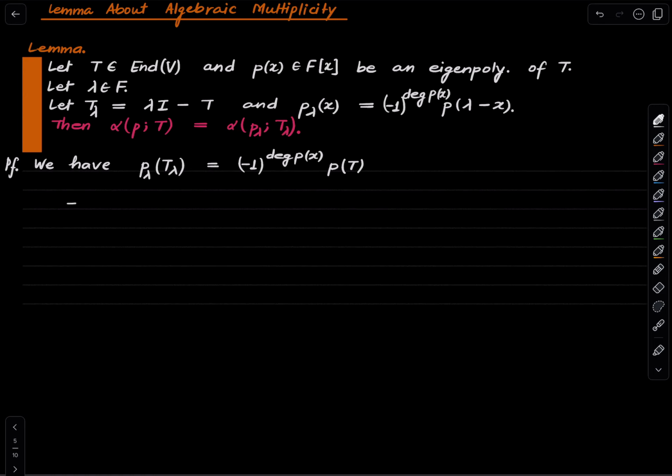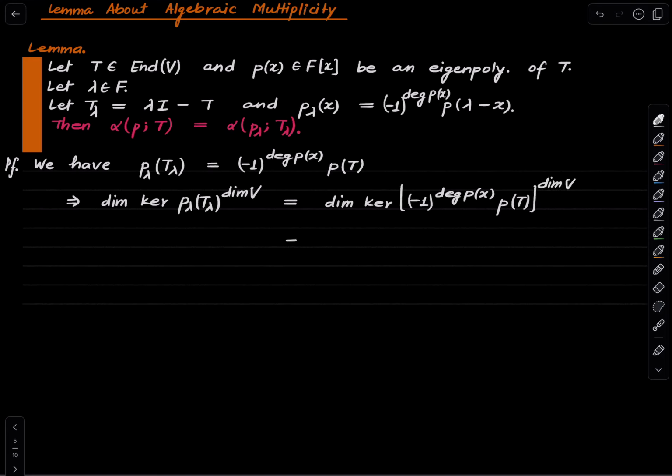And therefore, the dimension of the kernel, this is equal to the dimension of the kernel of this thing, but that is the same as the dimension of the kernel of, maybe I'll write one extra step which was not really needed.